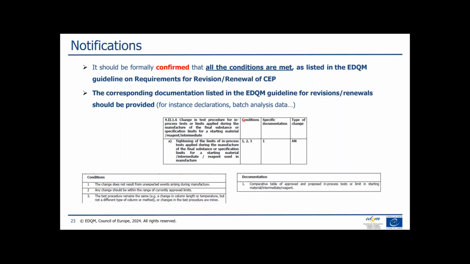So for example, for a change in test procedure for a starting material, these 3 conditions have to be fulfilled, and you should provide us this documentation. This is an annual notification, so within a year of implementation of this change, you should inform EDQM.